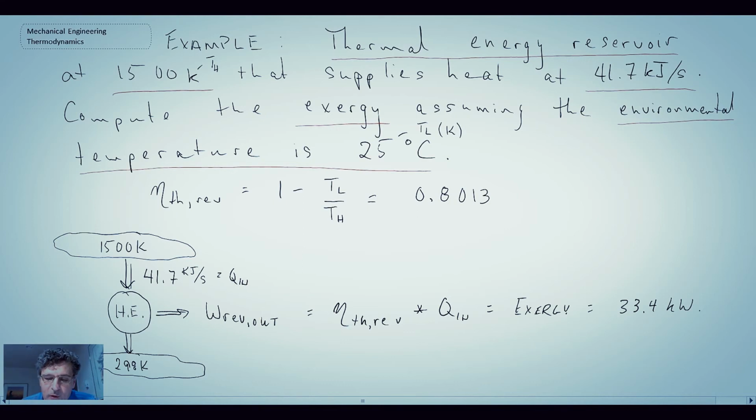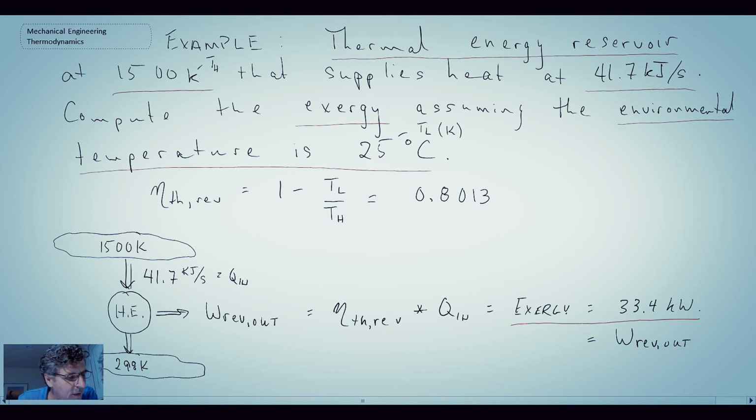So to answer this question, we can say that the exergy is 33.4 kilowatts, which is also the reversible work out, because that was the work out that would exist for a Carnot engine, which is a reversible heat engine.